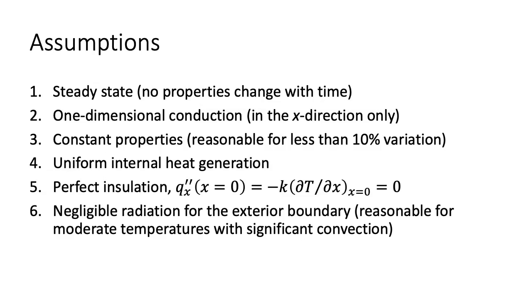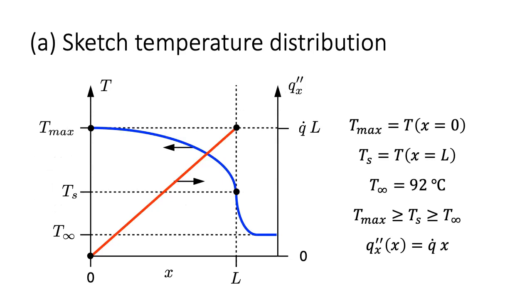boundary. For part A, we want to sketch the temperature and heat flux distribution in the wall. First, we draw our x-axis from 0 to L. Second, we draw our temperature axis and indicate the limiting temperature of 92 degrees Celsius in the fluid away from the surface at x equals L. Next, we know that for zero heat flux at x equals 0, the temperature distribution must start out as flat.